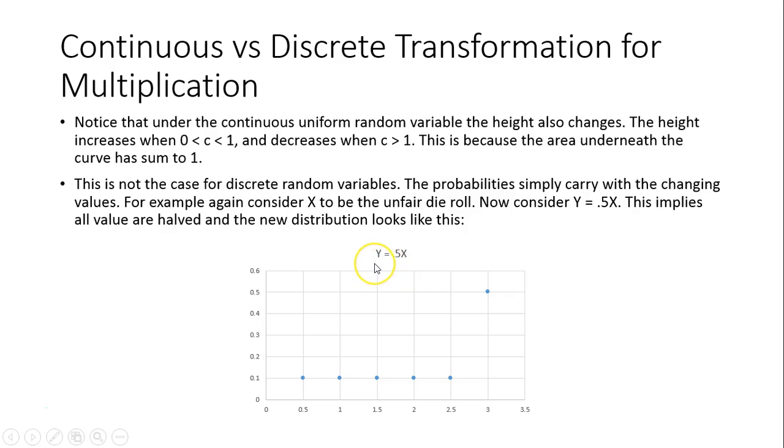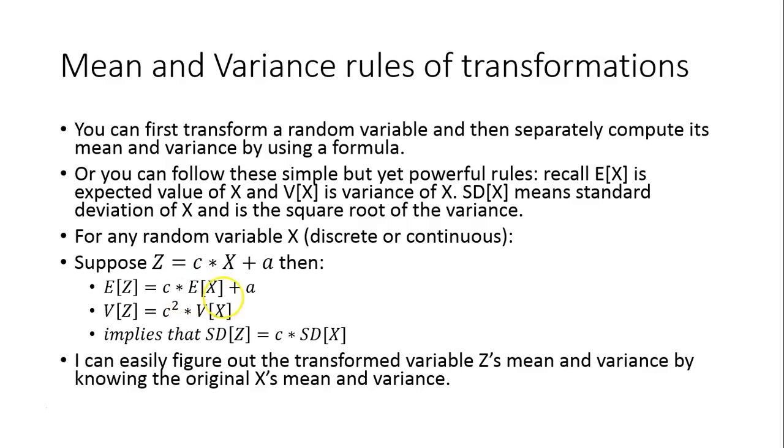Now, what is the mean of y, where y is 0.5 times x? Well, I just look at these transformation equations. Suppose z is y, it doesn't matter what you call it. So c is now 0.5, and a is 0. So what will my expected value of y be?